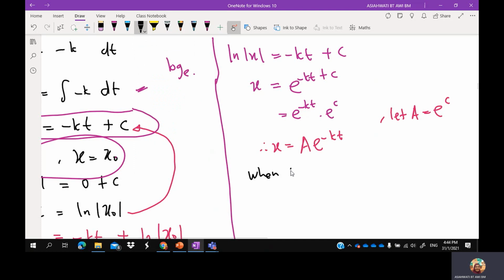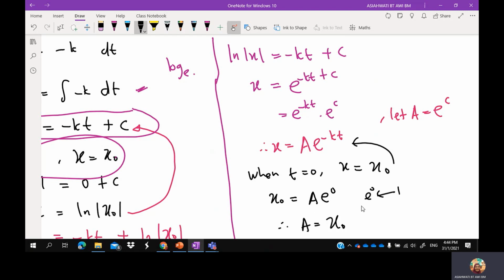When t is equal to 0, x is equal to x naught. Substitute into the equation: x naught equals a e to the power negative k times 0. e power 0 is equal to 1, therefore a is equal to x naught.